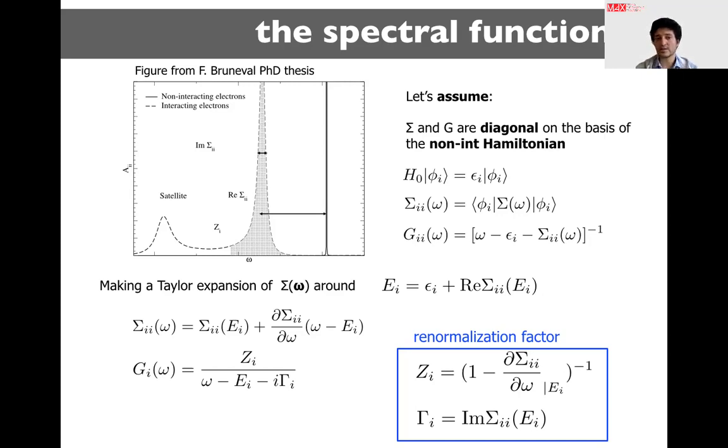If we look at the spectral function, we see that the infinitely sharp Dirac delta, that is the contribution to the density of states of a non-interacting Hamiltonian, actually is shifted and broadened because of the imaginary part, and also we see that some spectral weight is cast away into satellite features, meaning that the weight of the main peak is also renormalized, so it becomes smaller than 1, typically.